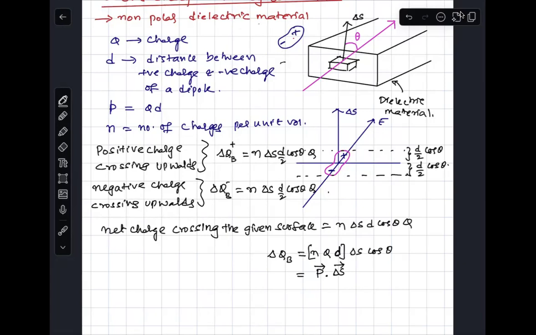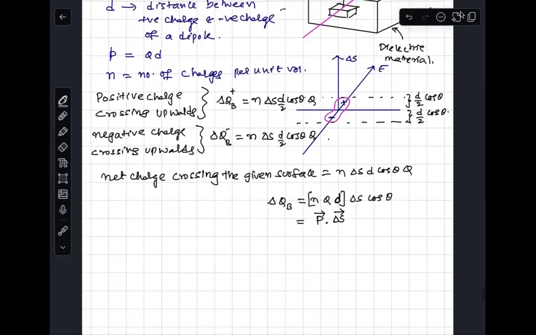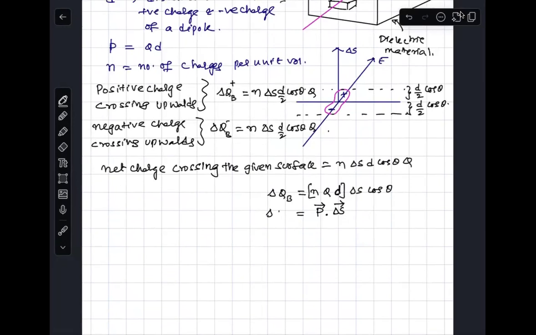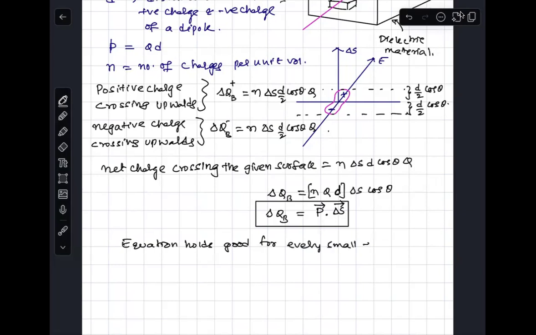Now, please try to understand this equation which I have applied, delta QB. This particular equation holds good for a very small elemental area.